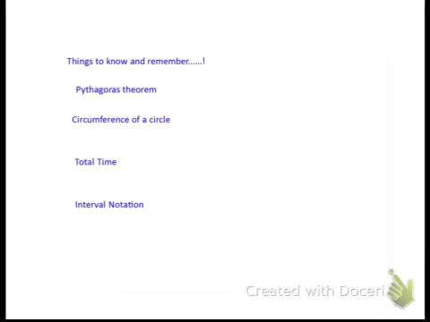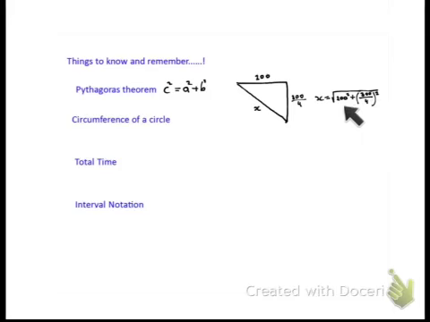Alright, so some things to remember that we need to be able to do. So just some simple applications of Pythagoras' theorem. If we've got a situation where you've got some known sides like so, maybe some fractions in there, when you apply your Pythagoras theorem formula, you need to ensure that you work with the whole sides that are given in the problem.